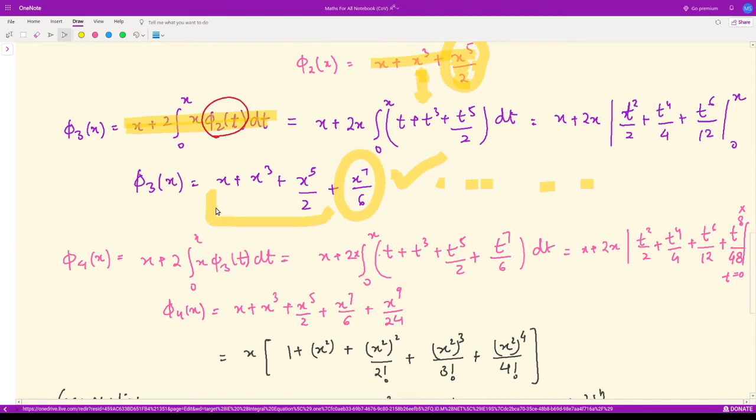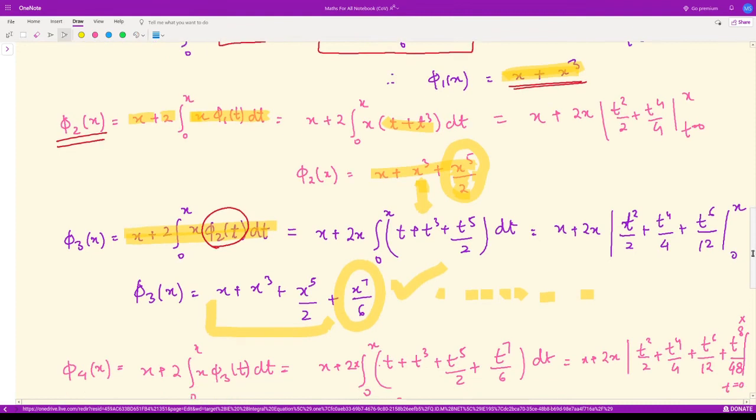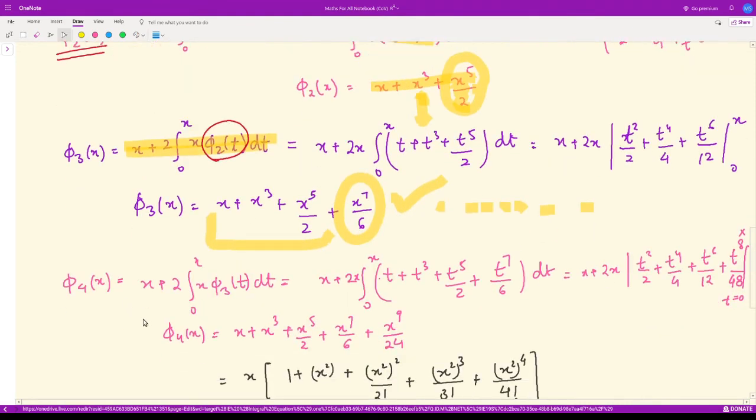So you have to see some criteria to generalize this so that it makes certain sense, right? Can you see some sort of pattern from this phi 1x, phi 2x, phi 3x? If not, let us calculate one more term, phi 4x.